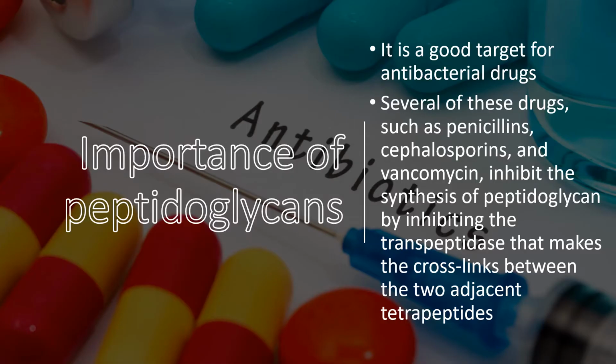Peptidoglycan is basically a good target for antibacterial drugs. Several of these drugs such as penicillin, cephalosporins and vancomycin inhibit the synthesis of peptidoglycan by inhibiting the transpeptidase that makes the cross-link between the two adjacent peptides.